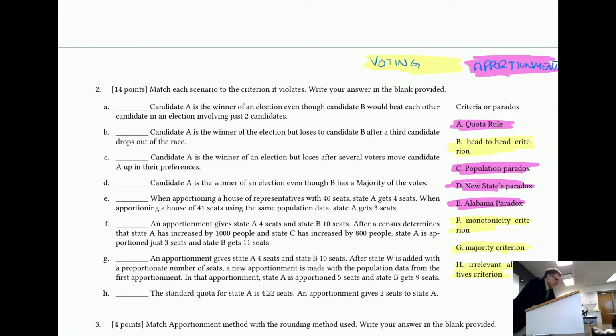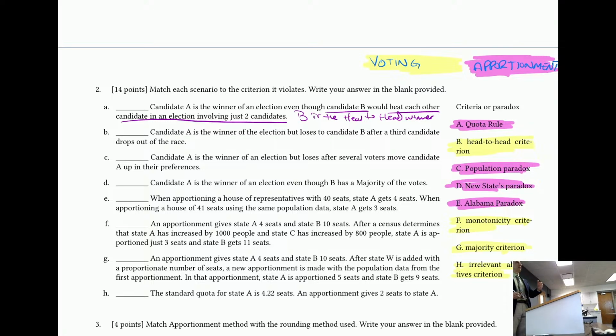Anyway, if candidate B would beat each other candidate in an election involving just 2 candidates, what that means is that B is the head-to-head winner. So B would be the head-to-head winner.